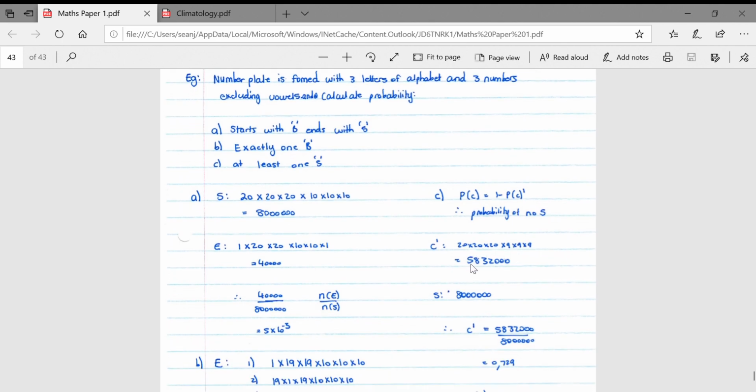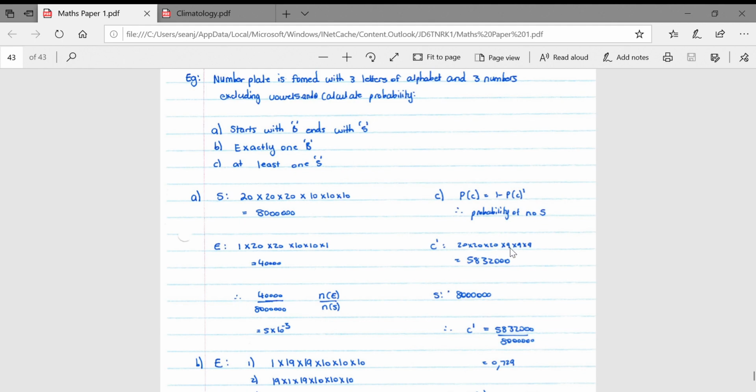So then, sorry, just going back to that, it's not an S, it's a 5. So then what you would do is you'd say 1 minus the probability of no 5s being included, and that will be demonstrated over here.